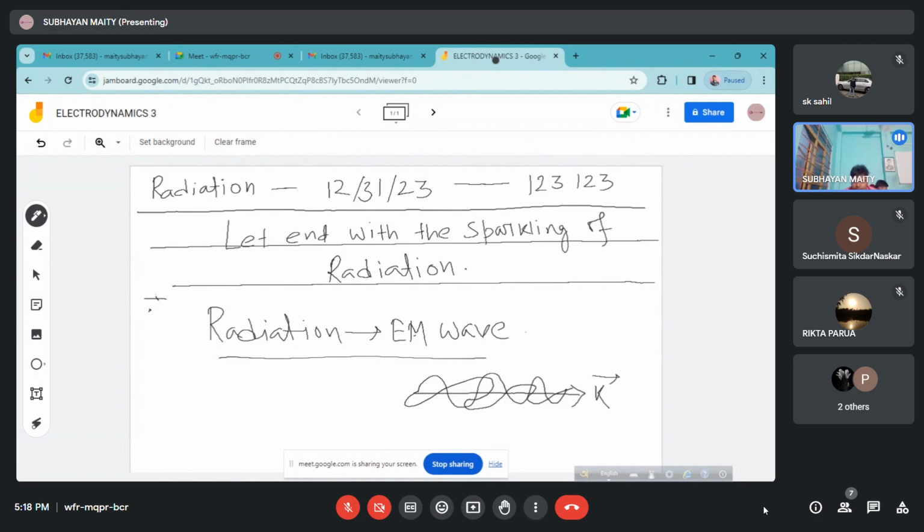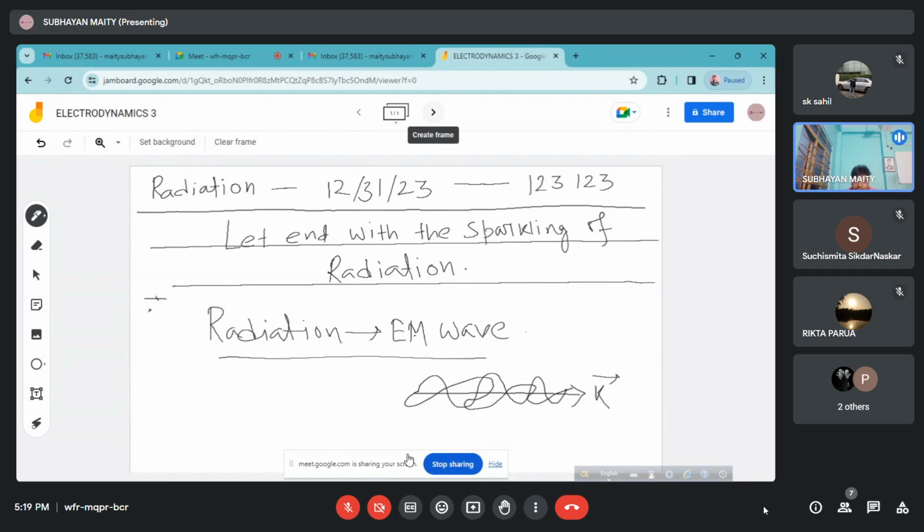So the electric field is oscillating in that way, the magnetic field is perpendicular to that, and the electromagnetic wave can propagate energy from one point to another point of the medium. So the direction of the propagation of the electromagnetic wave is along k, which is basically along the direction perpendicular to both E and B.